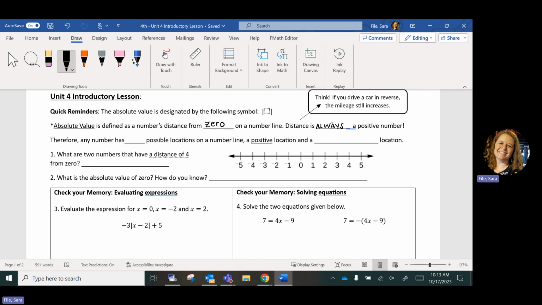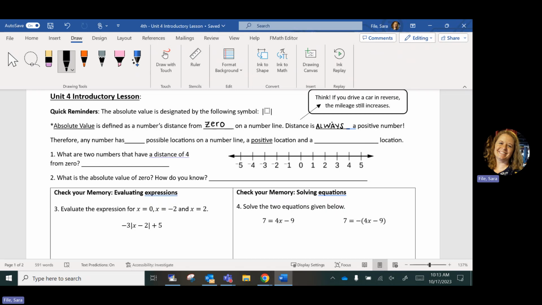So it doesn't matter forward, backward, left, right, north, south, east, west. Wherever you are driving, you're going a distance and it's ticking up on your odometer. If that helps you think of absolute value that way, that it's always positive. It doesn't matter what direction you're going. So it doesn't matter if I'm going left on the number line or right on the number line. I'm still going a certain distance away from 0, from my starting point.